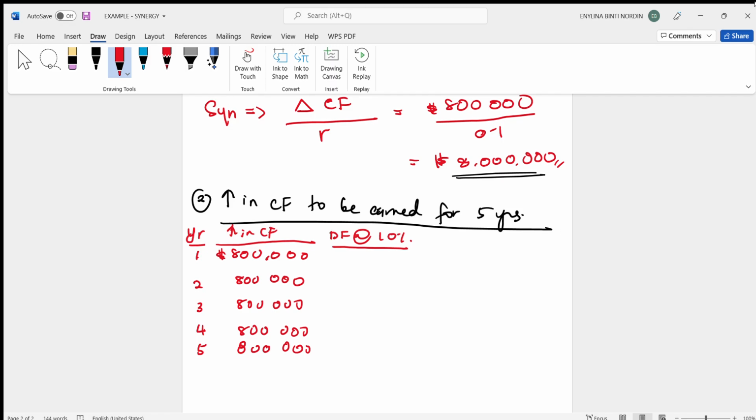If you look at this table, for every year the present value at 10%, you take the figure of 0.9091.